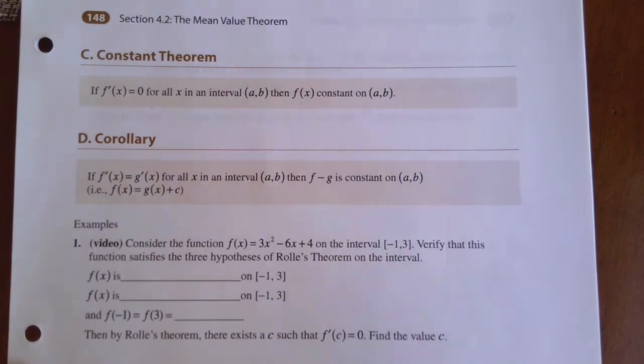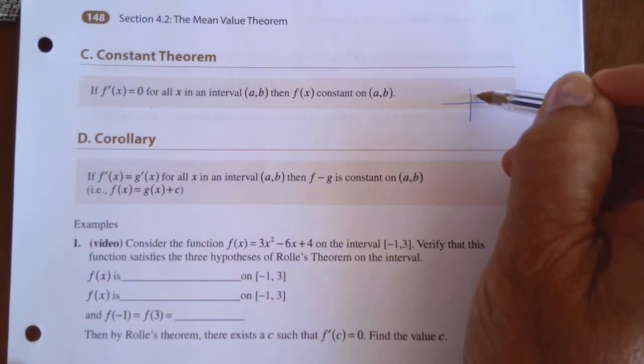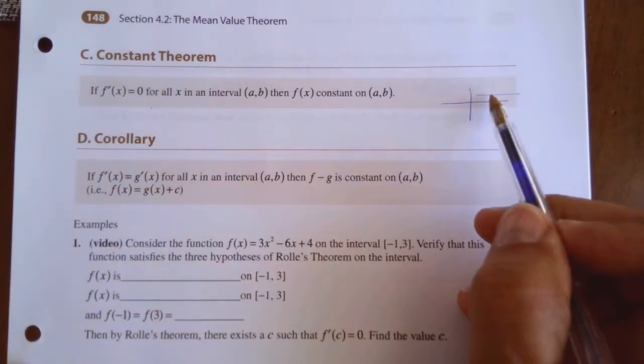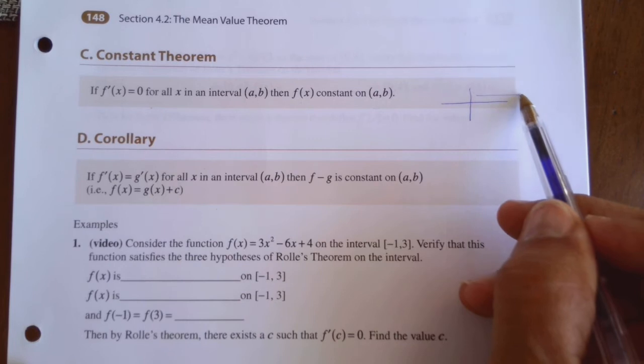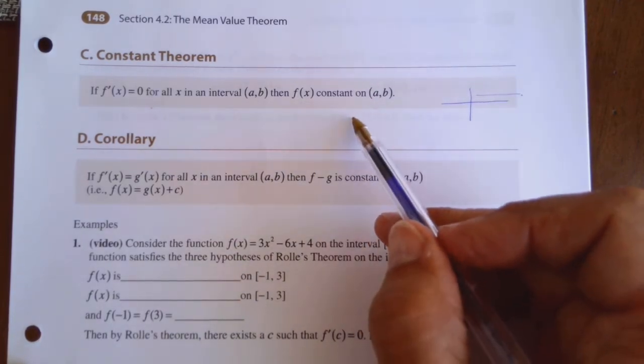So again, if the derivative everywhere is 0, that means that the function would have to be a constant function because all of these derivatives are 0. Okay, so that's a constant function, so that's all that's telling you.